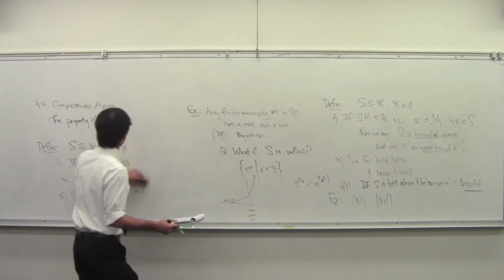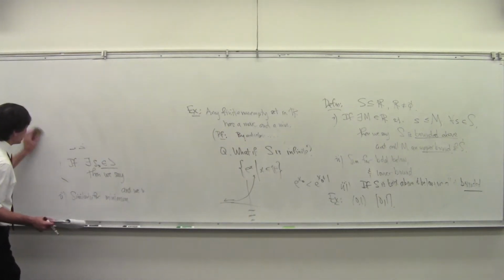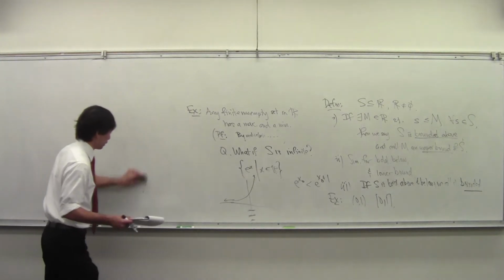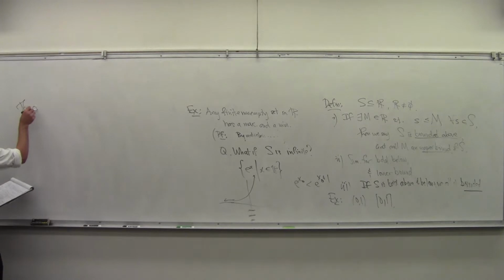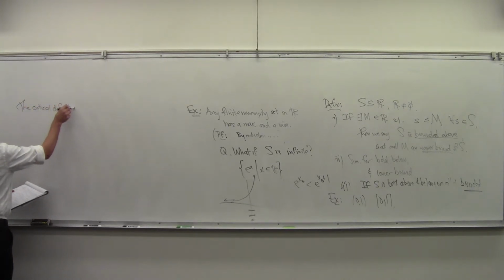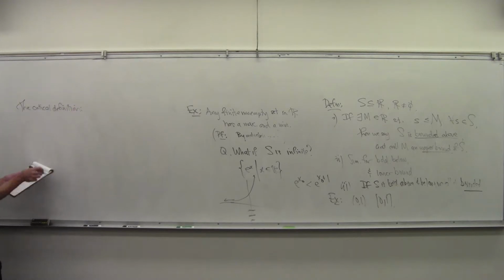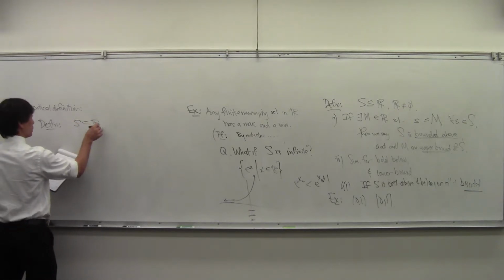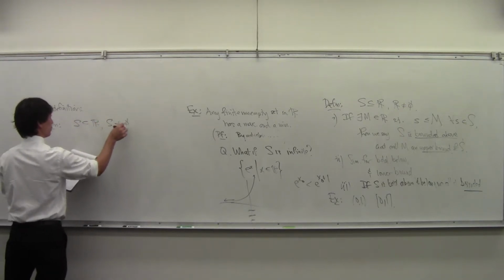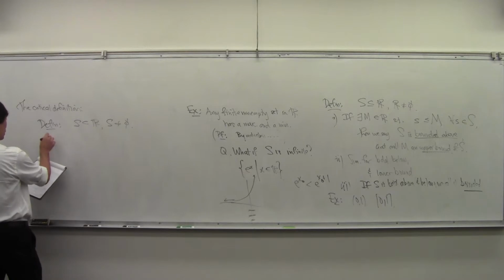Okay, so now we get to the critical definition. Here it is. Again, let S be a subset of R and S not be the empty set.